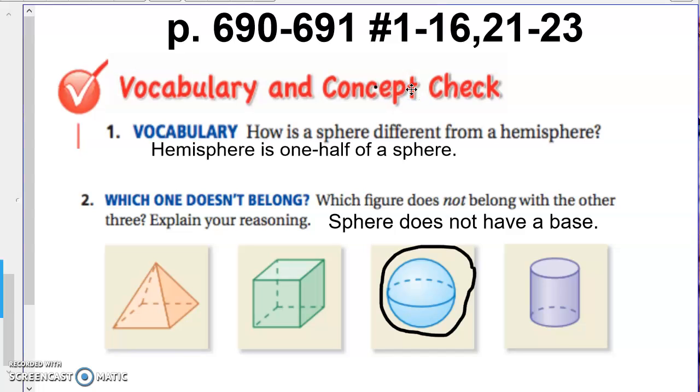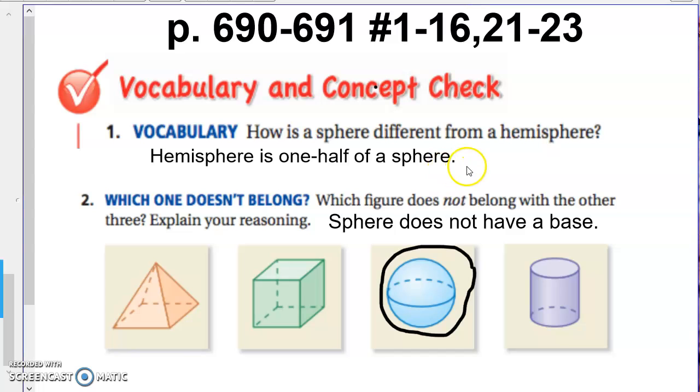All right, to get started on it together, question number 1 says, how is a sphere different from a hemisphere? Well, a hemisphere is 1/2 of a sphere. That's what makes a hemisphere different from a sphere. Number 2 says, which one doesn't belong? Which figure does not belong with the other 3? And the one that does not belong with the other 3 is this one here, the sphere.